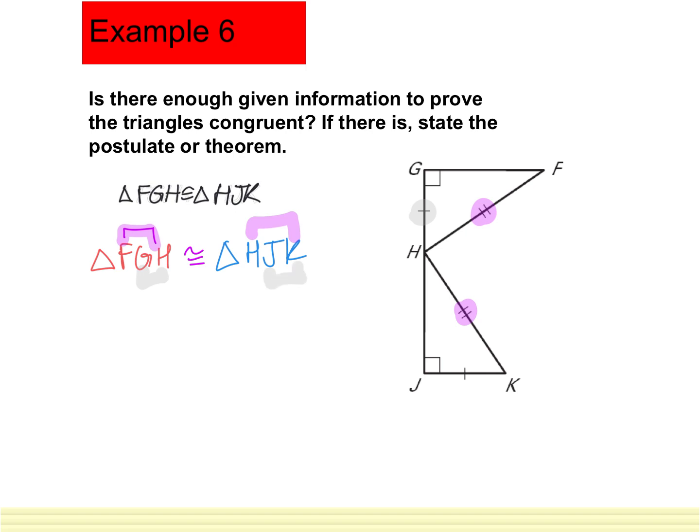Good. They're only giving me 2 sides. What else do I know? I know I have 1 leg. Okay, so where is that leg? I'm going to label it. Here is 1 leg. Here is 1 leg. How do I know those are legs? Because there's the right angle. And then I also know I have my hypotenuse.